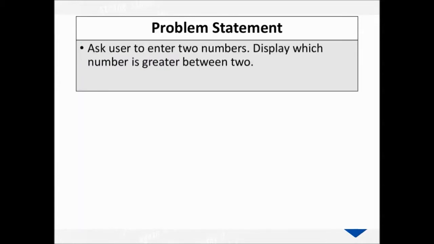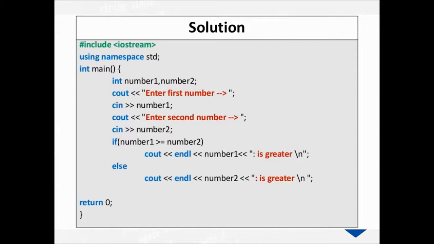Here we have another problem statement. Ask the user to enter two numbers, and display which number is greater between the two. In the code, first of all, we take input from the user and store this input into number1 and number2.